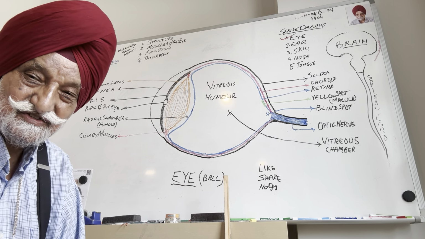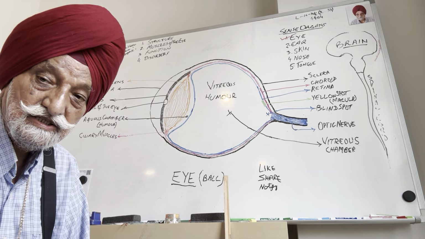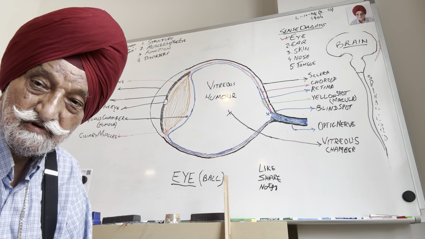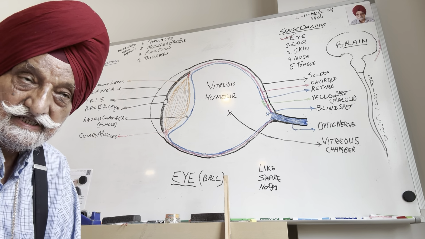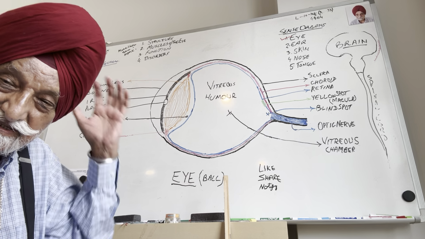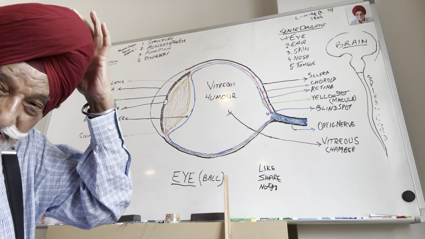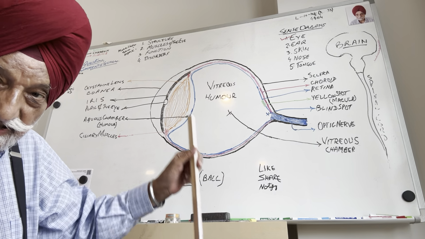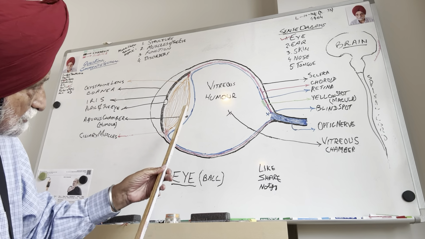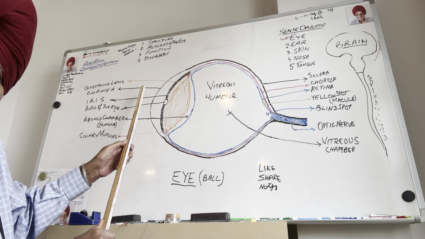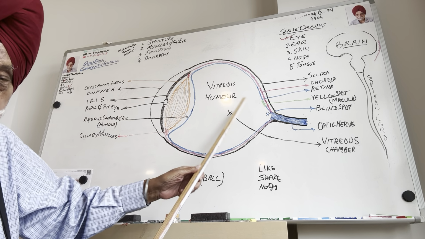When the lens is thin, its focal length is more. When the lens is thick, its focal length is less. In such a way that it can make the images of distant objects when it is thin, focal length is more, and these objects at a distance can be focused at the retina.